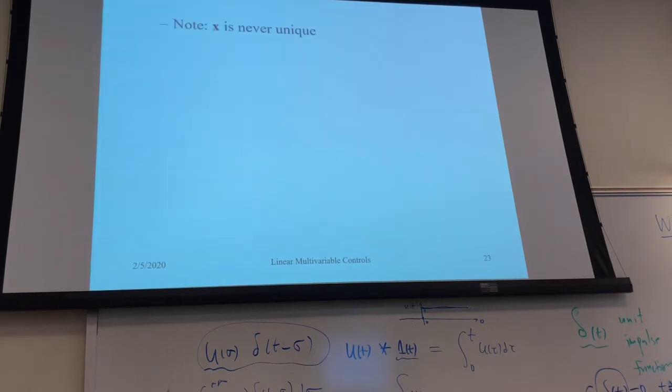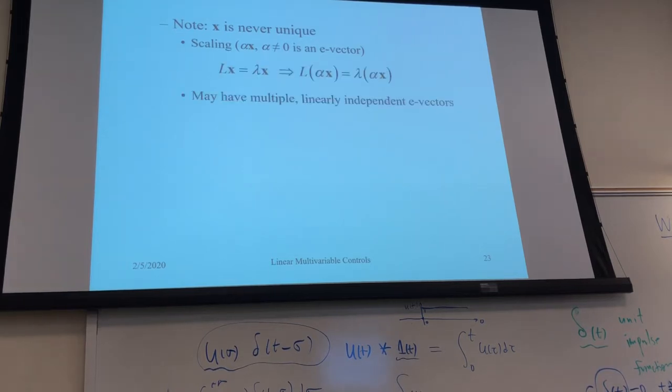So I'm going to work an interesting example for you. Eigenvector is never unique. Be careful, because you can always scale x with alpha, and it is always true for any alpha. However, you may have multiple linearly independent eigenvectors. For example, 1 is an eigenvalue.